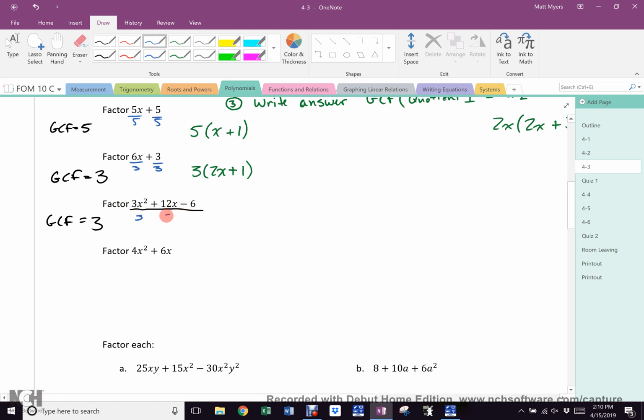Divide by it. Write it out. 3. What's the first answer? X squared plus 4x minus 2. Done. And lastly, the one we worked on for practice, GCF equals 2x. Divide by 2x, divide by 2x, write it out. 2x, 2x plus 3.